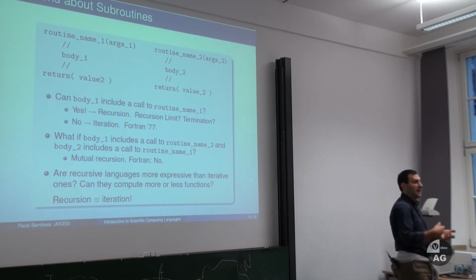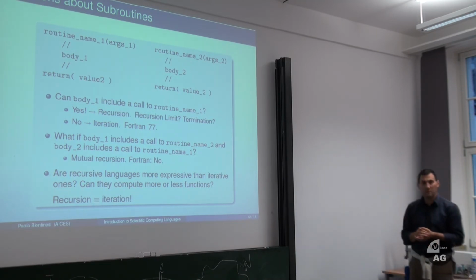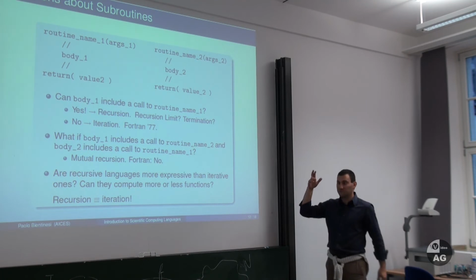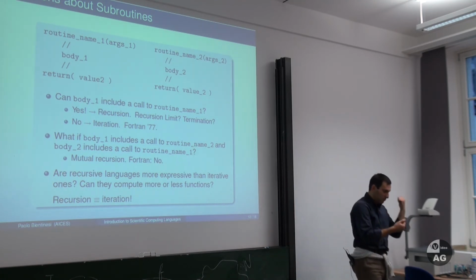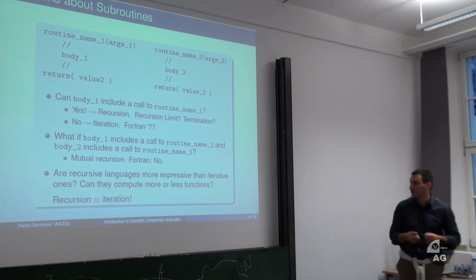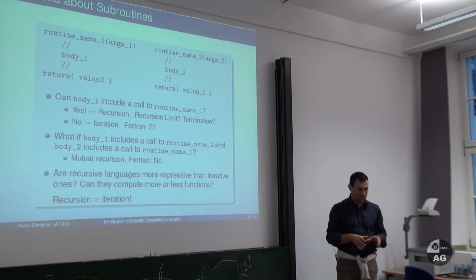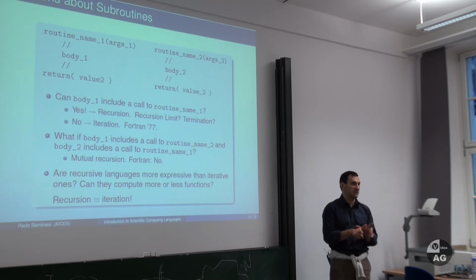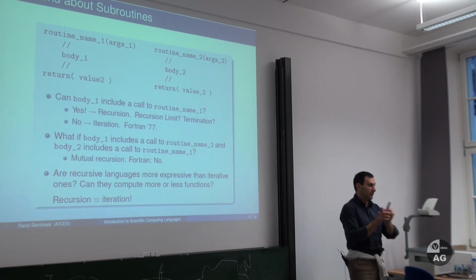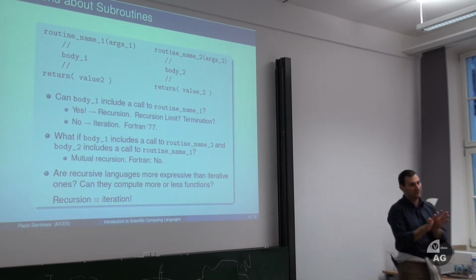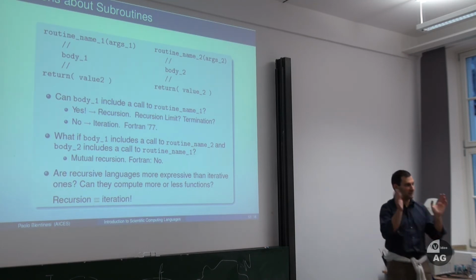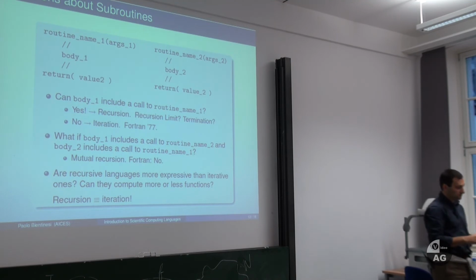There is no dynamic allocation of memory. Why? Because Fortran was born when memory was extremely scarce. So the user would say, I only have 16 kilobytes, please do your best to stay within 16 kilobytes. And things like recursion would easily get out of hand. So that's why there is no recursion.